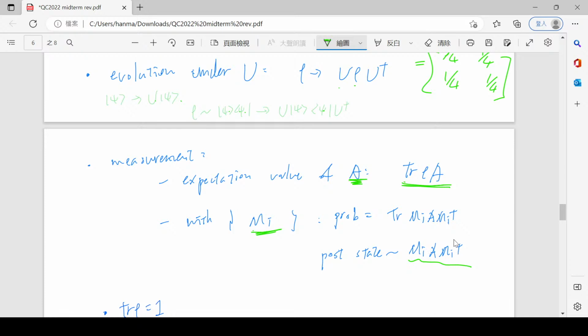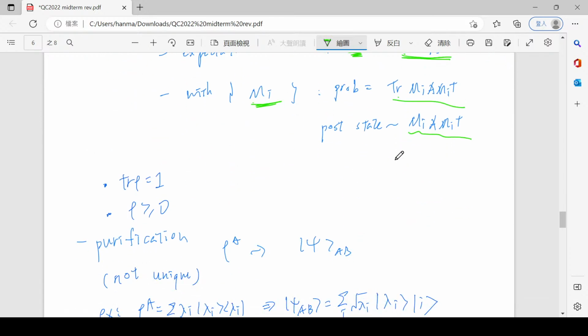And the probability associated with a density matrix is just its trace. So if you want to get a normalized state, it should be M_i rho M_i dagger divided by the trace of M_i rho M_i dagger.